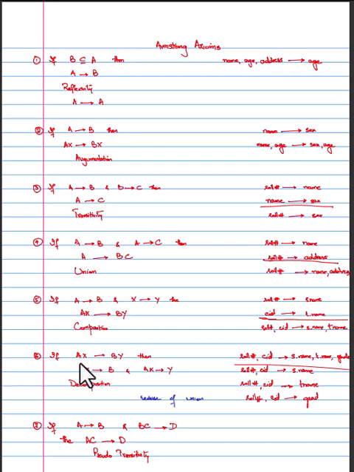Similarly, if AX identifies BY, then using the decomposition property we can say AX identifies B and AX identifies Y. So this is the decomposition property, where AX can individually identify B or Y.